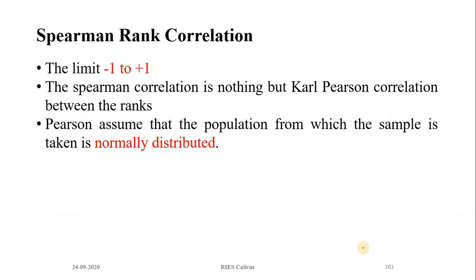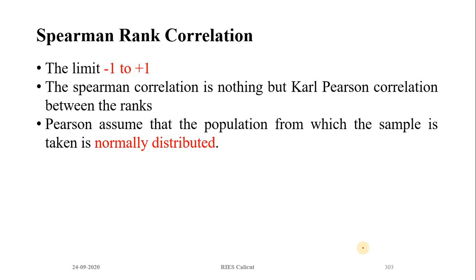Then what will be the limit of this rank correlation? Actually, the Spearman rank correlation is nothing but the Karl Pearson correlation coefficient between the ranks. So here the limit of the correlation will also lie between -1 and +1. It won't go beyond +1 or -1.